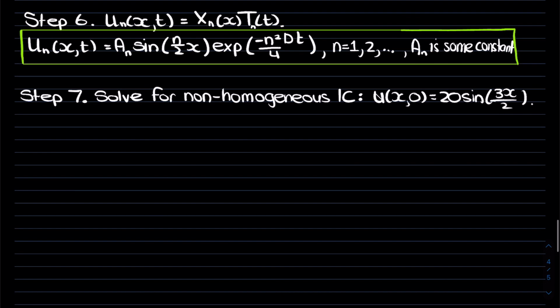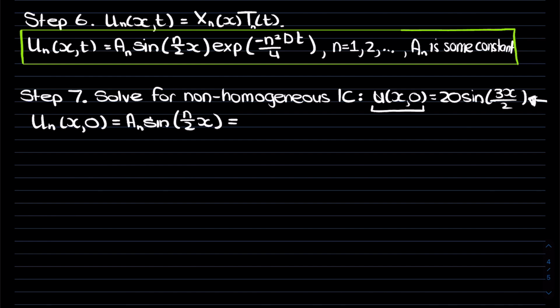Right, so all we want to do is plug in, when t equals 0, into our u of n. So we have u of n at x equals x and t equals 0. So this just means the whole exponential function just goes to 1. So we just end up with a of n sine n over 2x. And that is equal to what we've got up here. So that's equal to 20 sine 3x over 2.